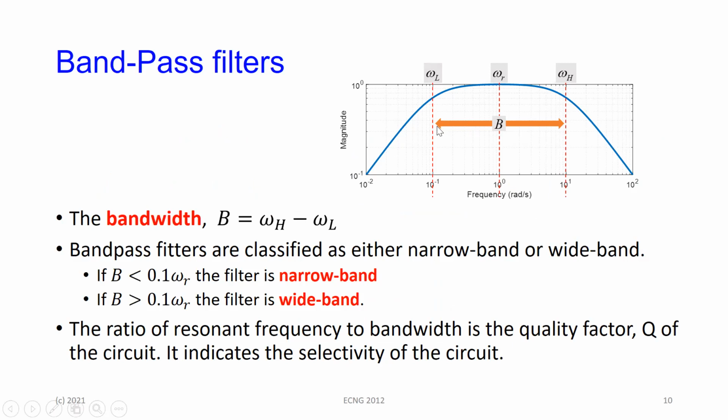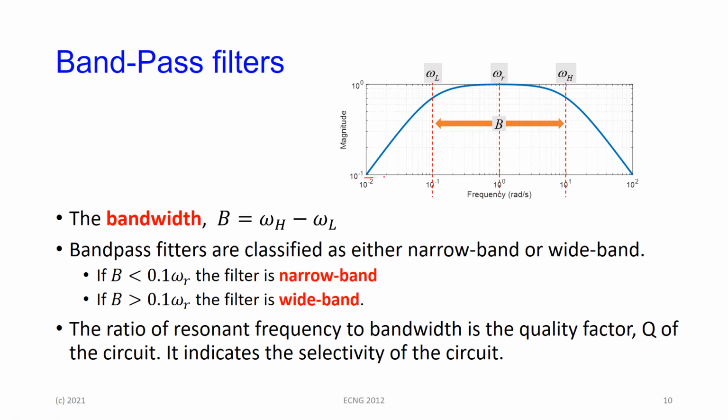the width of the band is 0.1 or 1/10 of the resonant frequency. So for instance here, the resonant frequency is 1 hertz. If the bandwidth is 0.1 of that, then we call it a narrowband bandpass filter.